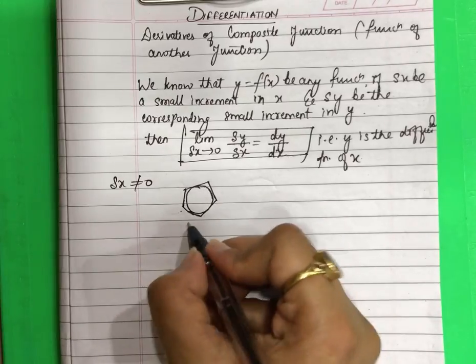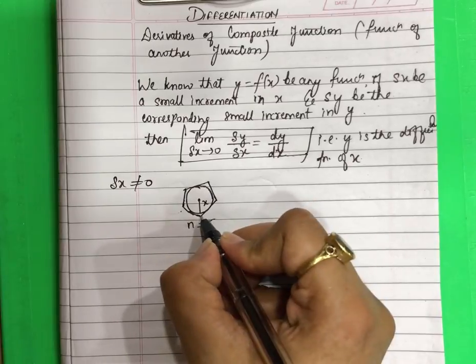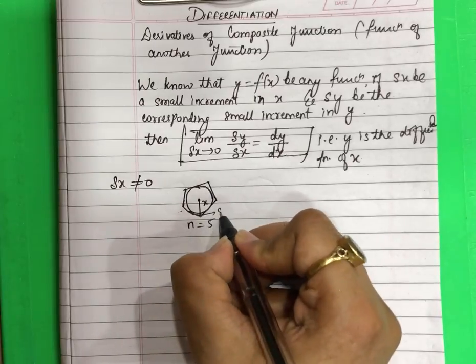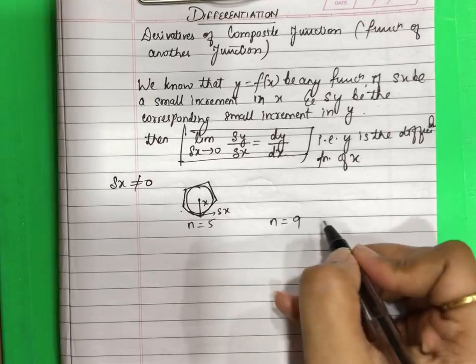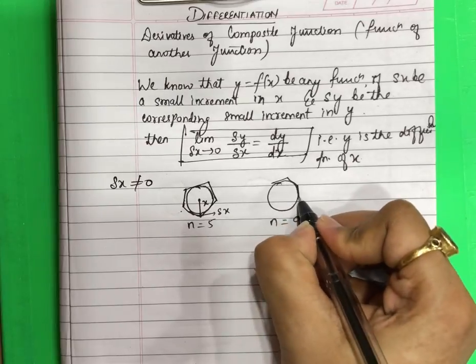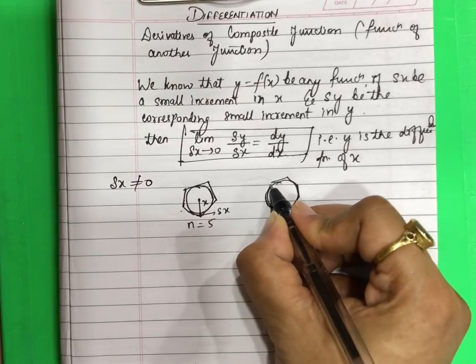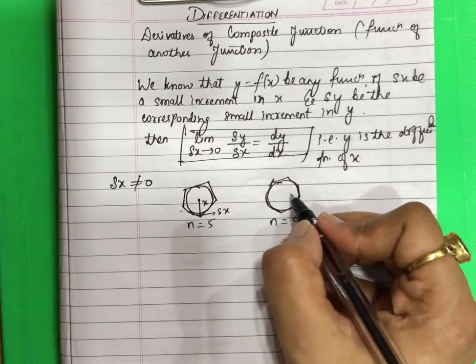This pentagon has 5 sides and the circle has the radius x, and this small distance is your del x. Now if I increase the number of sides, suppose I take 9 sides, 1, 2, 3, 4, 5, 6, 7, 8, 9, and the circle is the same.